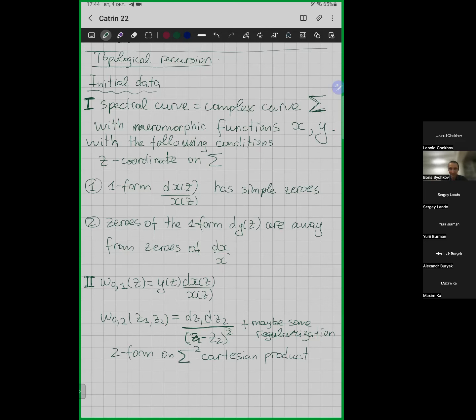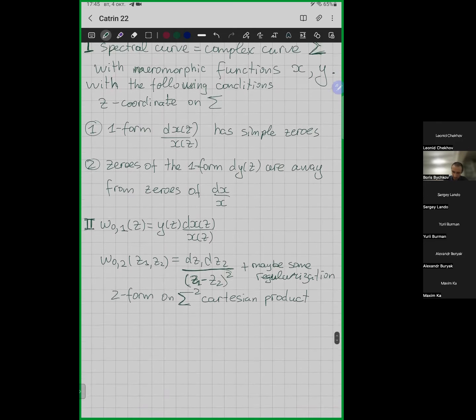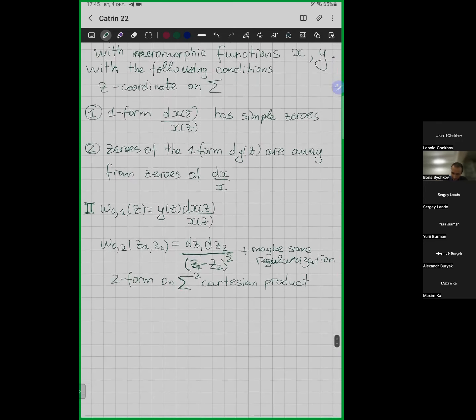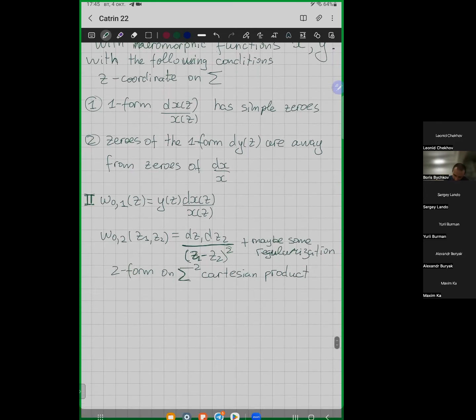Yes, and thank you for the question, because I should say what guides this recursion works. It produces these forms, as you see, omega_{g,n}, and who are these omega_{g,n}? Let me come back to the example.